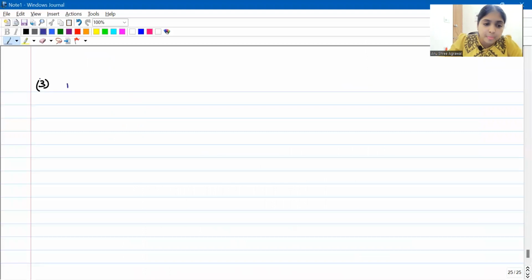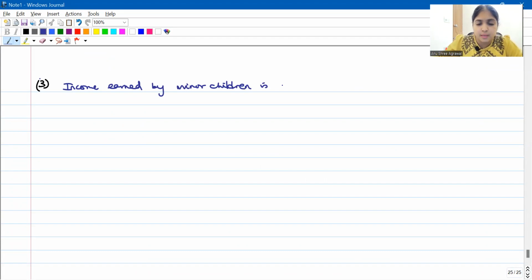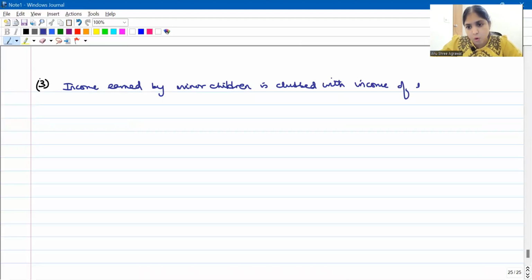So write down: income earned by minor children is clubbed with income of the parent with higher income.